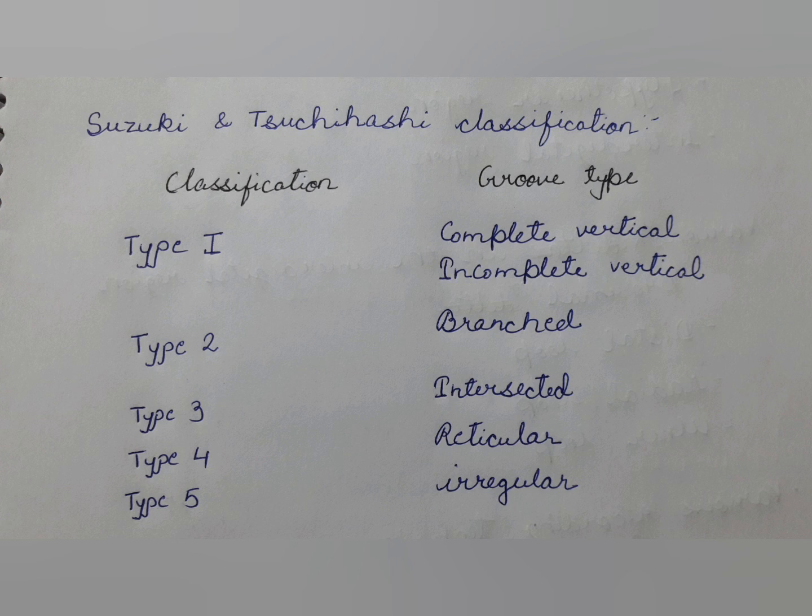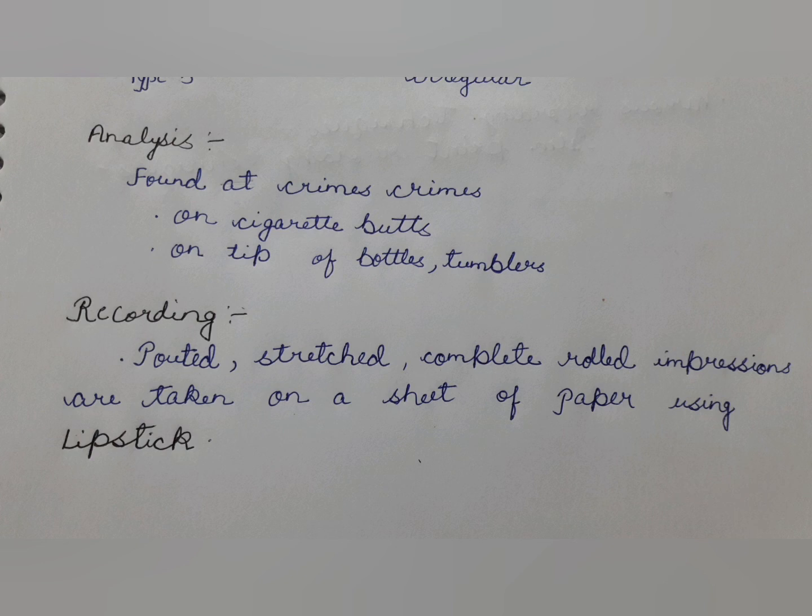Intersecting is type 3, reticular, meaning mesh like structure, is type 4, and irregular is type 5. When you get any lip print, observe these patterns on the upper lip as well as on the lower lip. This is the Suzuki and Tsuchihashi classification.